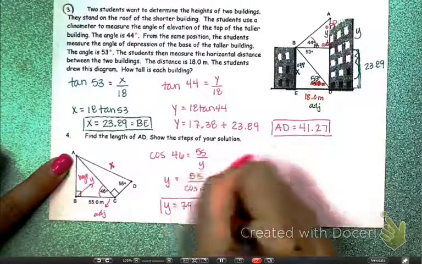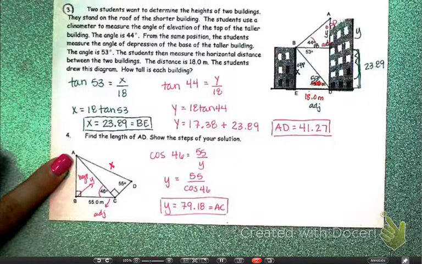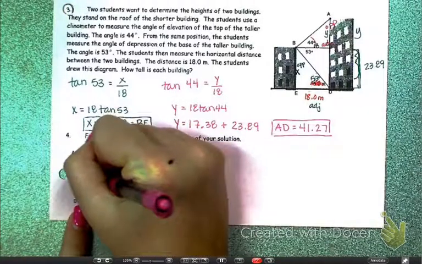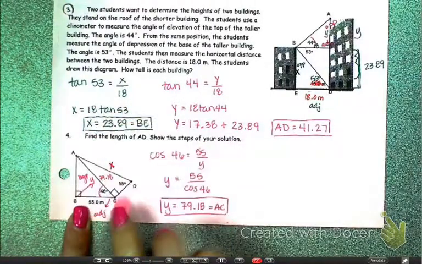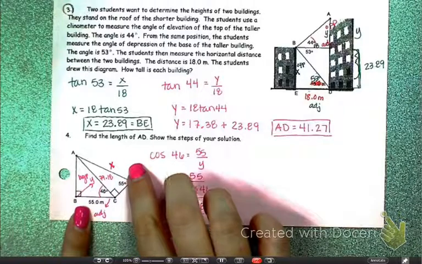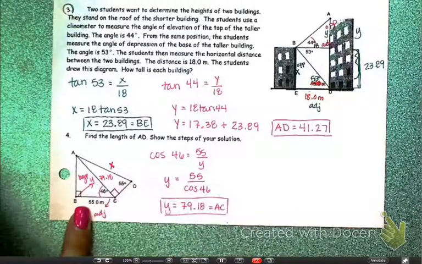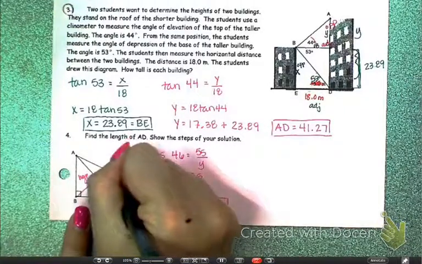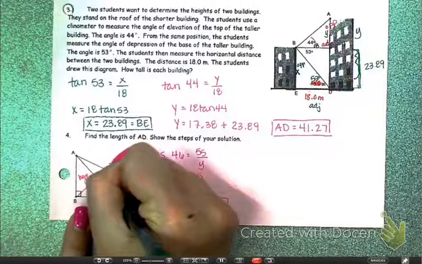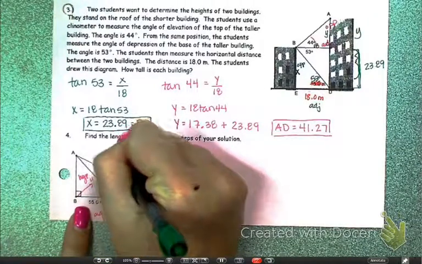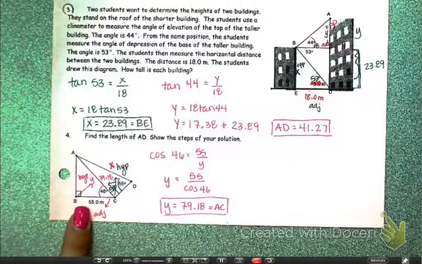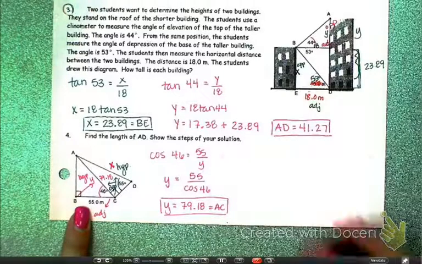Are we okay with that? Yeah? Now, since I know that this is 79.18 and I know this angle, can I solve for that side? Can I solve for my x? So I have the opposite and the hypotenuse. Which trig function uses opposite and hypotenuse? Sine.